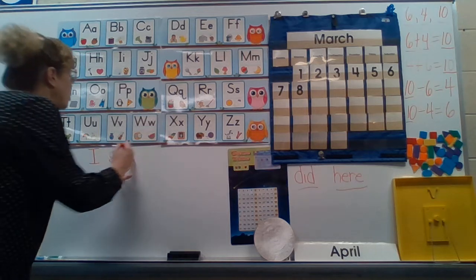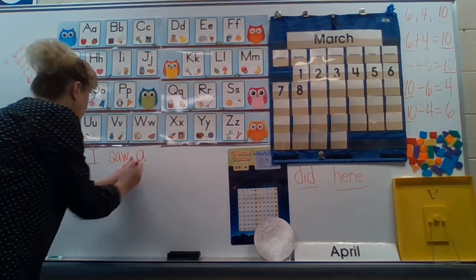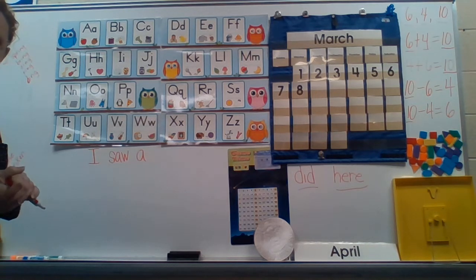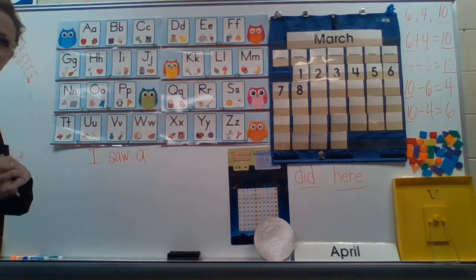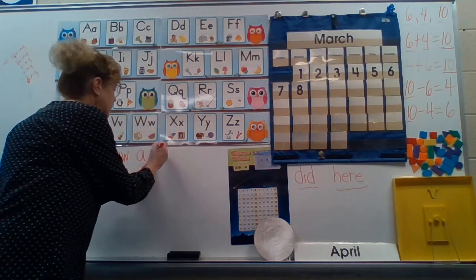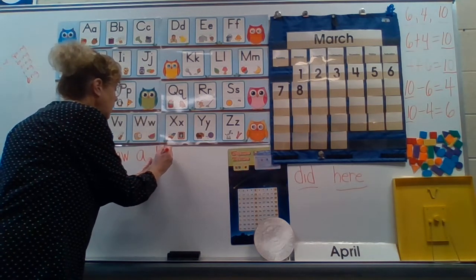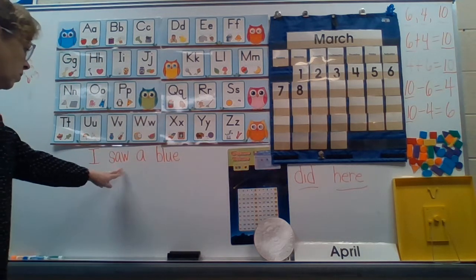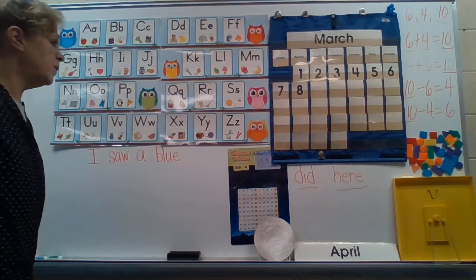And then my little word A. I saw a. Now we're going to use a color word, blue. Do you remember how to spell blue? It starts with a B-L-U-E. I saw a blue.